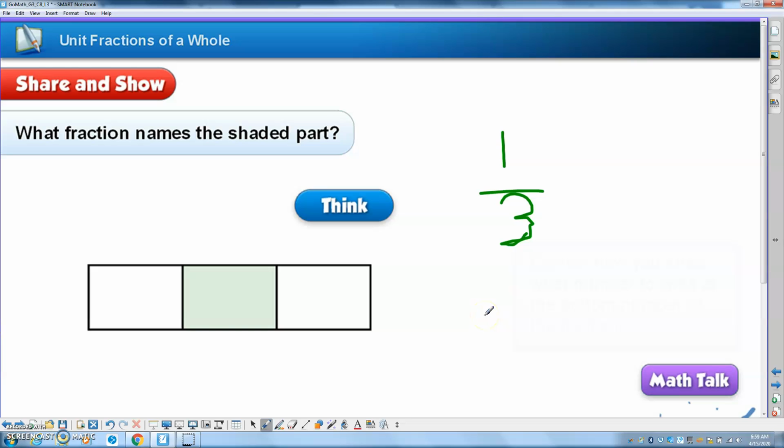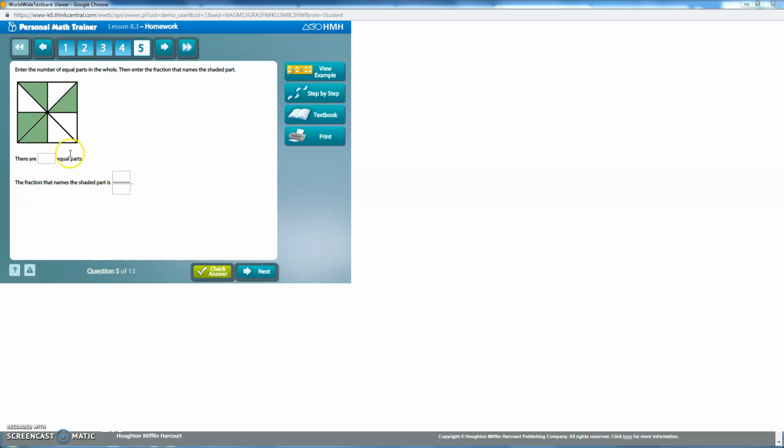Go ahead and go to our lesson 8.3 share and show, the 2 questions. You'll be asked how many parts are in the whole, and then what is the fraction that's in the whole. Let me show you how to make a fraction. In this example, you're going to put how many equal parts right here in this whole thing.